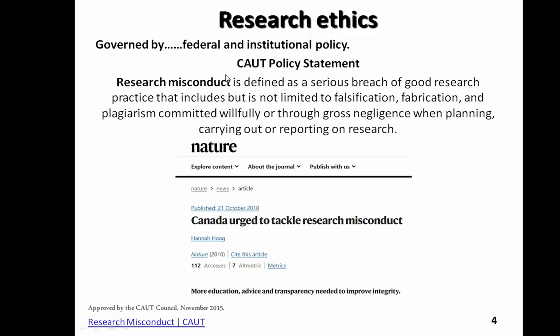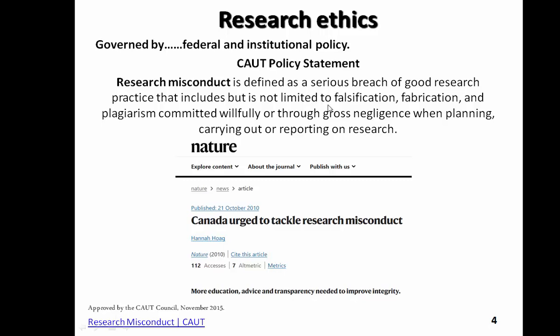So the Canadian Association of University Teachers developed a policy statement for research misconduct as a serious breach of what is considered good research practice, and we'll talk about some of those foundational policies in this unit, but it includes a number of actions that would be classified as misconduct.